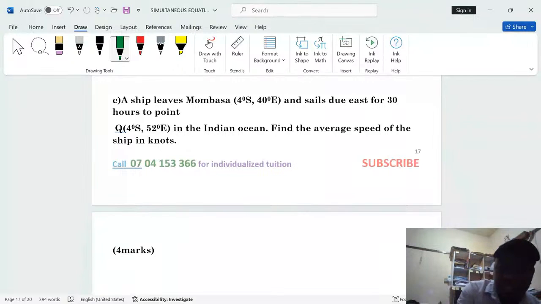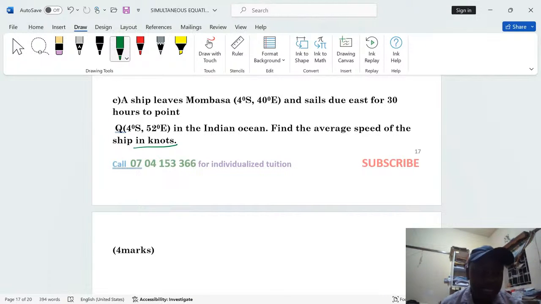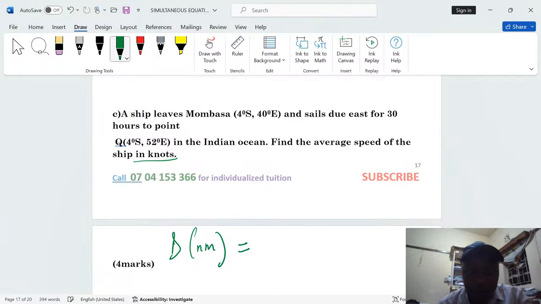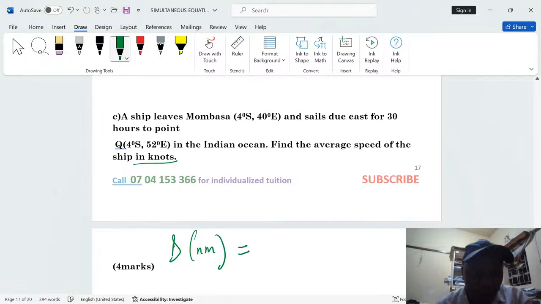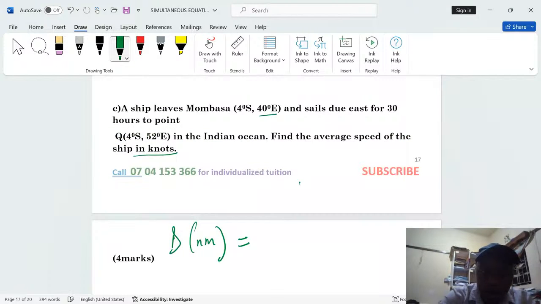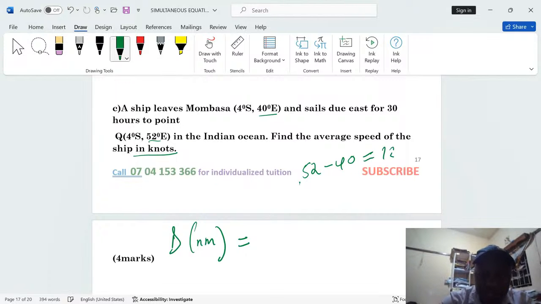When we are talking about speed in knots, that is to advise us that the distance is supposed to be in nautical miles. So the units of speed are directing us on the units of distance to have, and that is going to be distance in nautical miles along a small circle, because we are moving eastwards. That will be along a circle of latitude. We are moving from 40 in the east all the way to 52 in the east, which means 52 minus 40 is just 12 degrees.